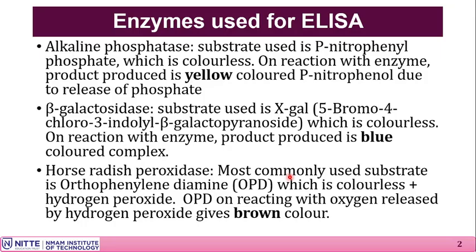Here, for this technique, there is the need of enzyme linked antibodies. Enzymes are conjugated to the antibody using the indicator label technique, which I had explained in a separate presentation, how indicator labeling of the antibody is done.